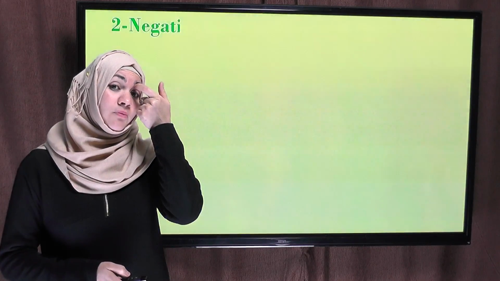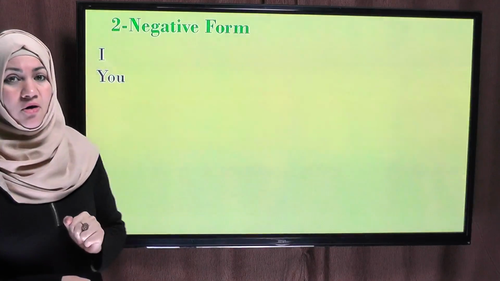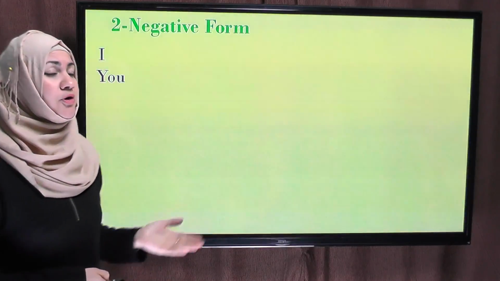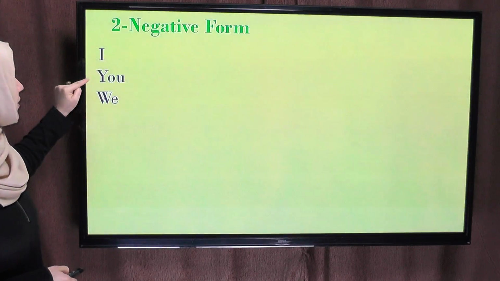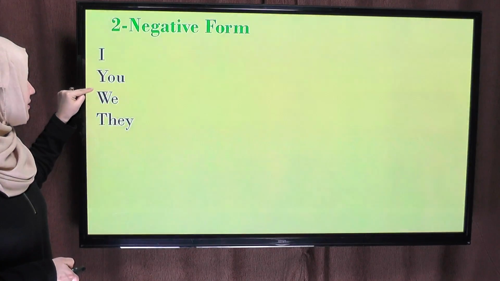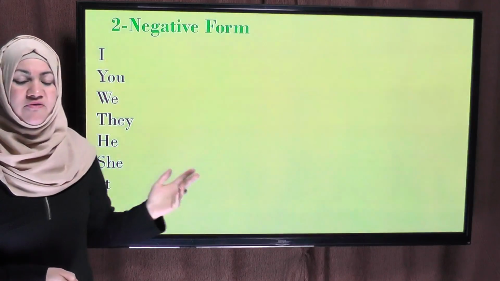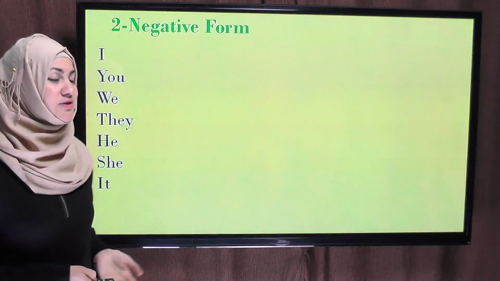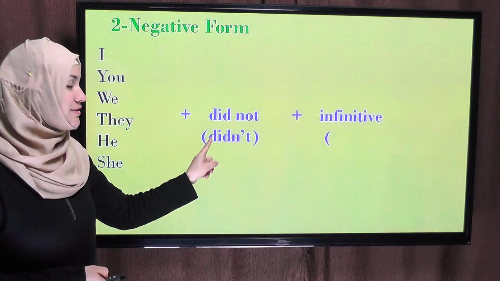After that, we have forming the simple past in the negative form. Of course, with all the personal pronouns, which are I, you, we, they, he, she, it, as we know, the personal pronoun plus did not or didn't.